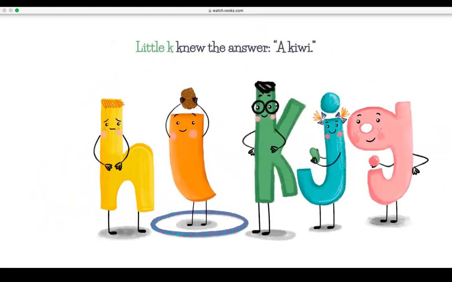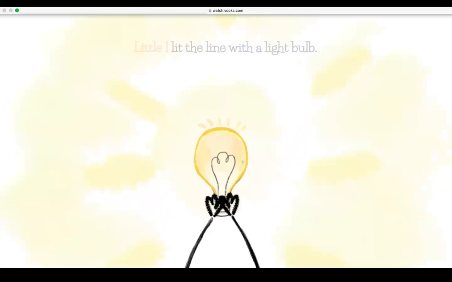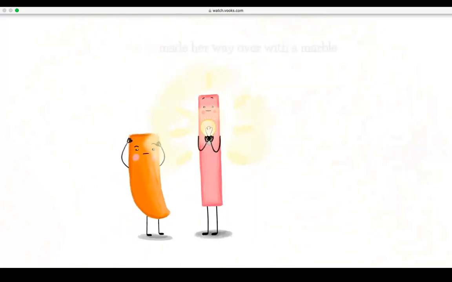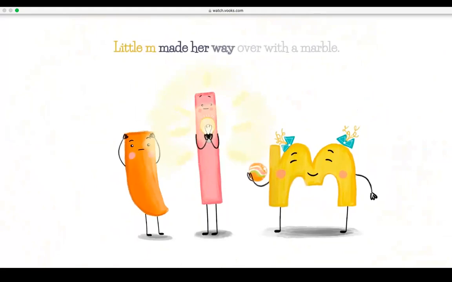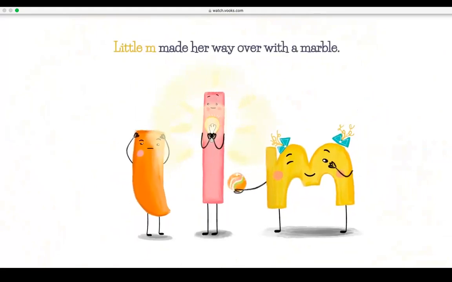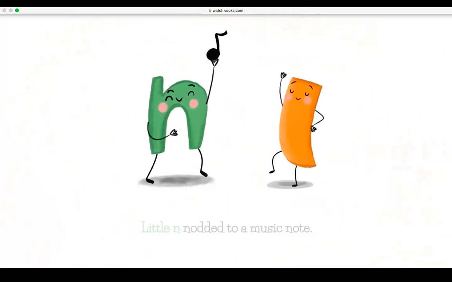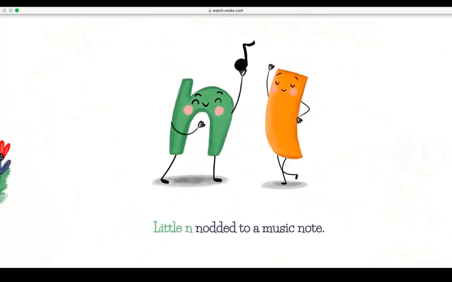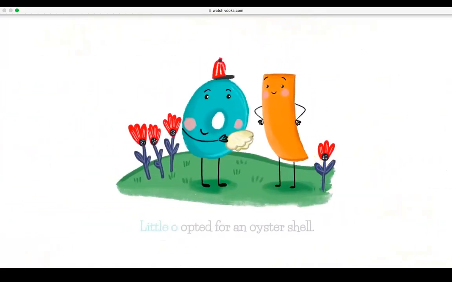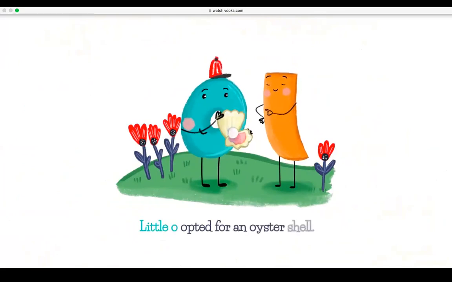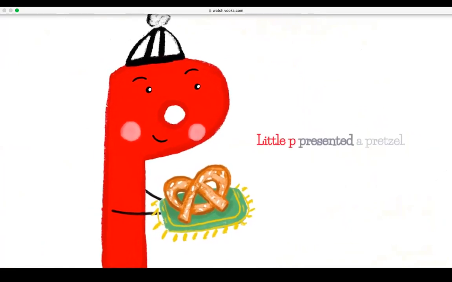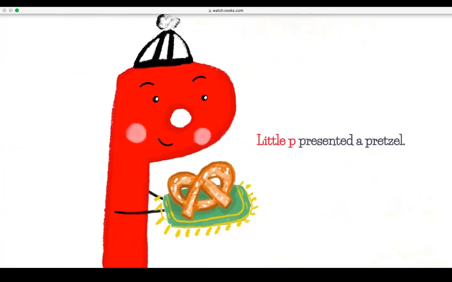A kiwi. Little L lit the line with a light bulb. Little M made her way over with a marble. Little N nodded to a music note. Little O opted for an oyster shell. Little P presented a pretzel.